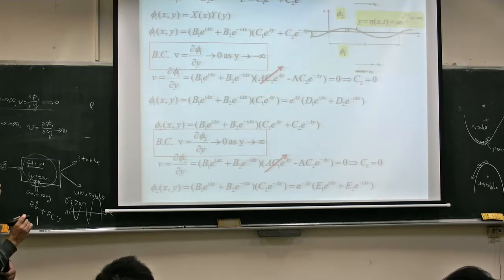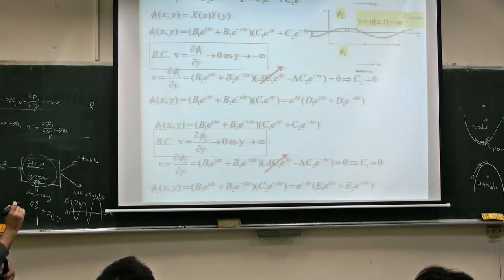This constant should be equal to 0. So in our phi 1, the constant C2 should be equal to 0, because when y goes to minus infinity this eventually goes to 0. So only C1 is left.